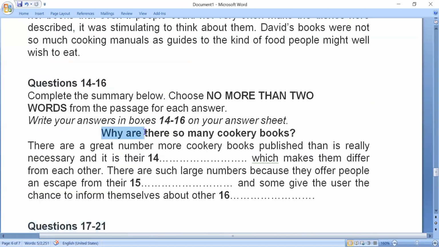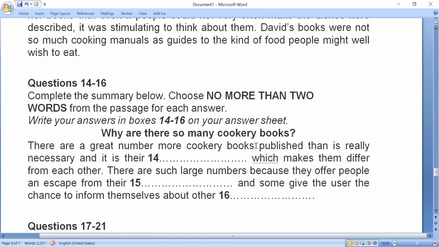So basically, we discussed how to find the keywords in listening items. We have to find the keywords here as well. We did a listening summary the other day. So we will go for this one as well.